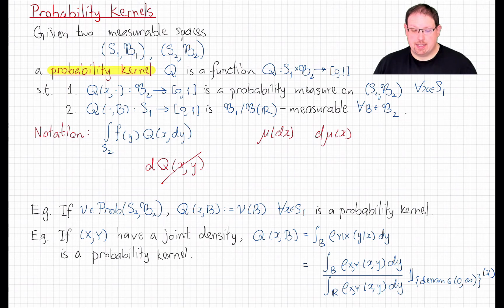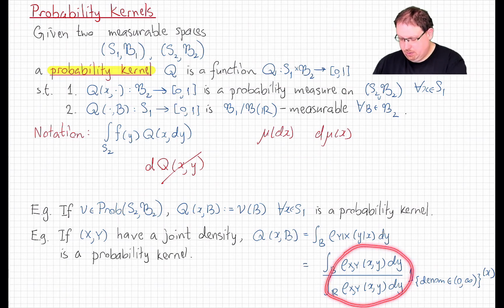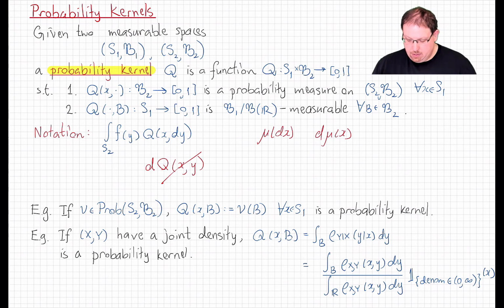A more interesting example, which was what motivated us to get here in the first place. If S1 and S2 are both, say, Euclidean spaces, and x and y are random variables or random vectors taking values in those Euclidean spaces that have a joint density, then we can form the conditional density of y given x, which is just this, zeroing out the denominator, and we can use that to define a probability kernel.